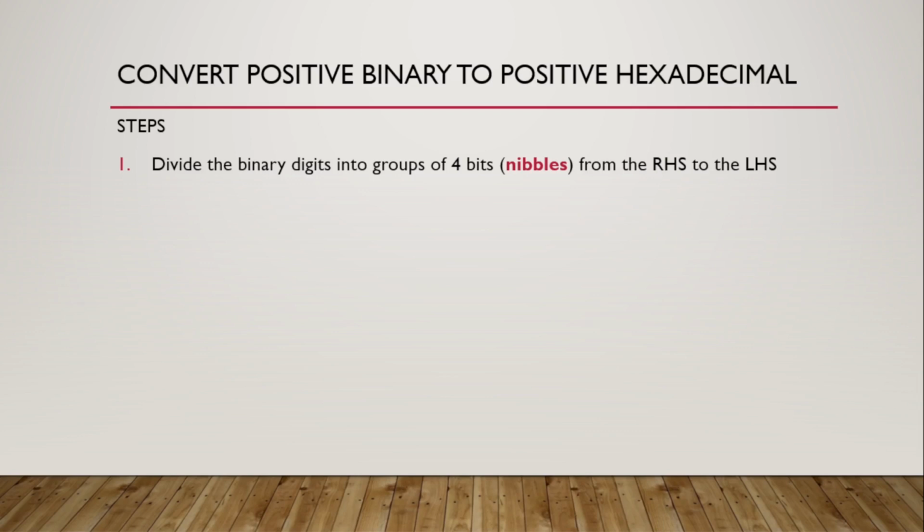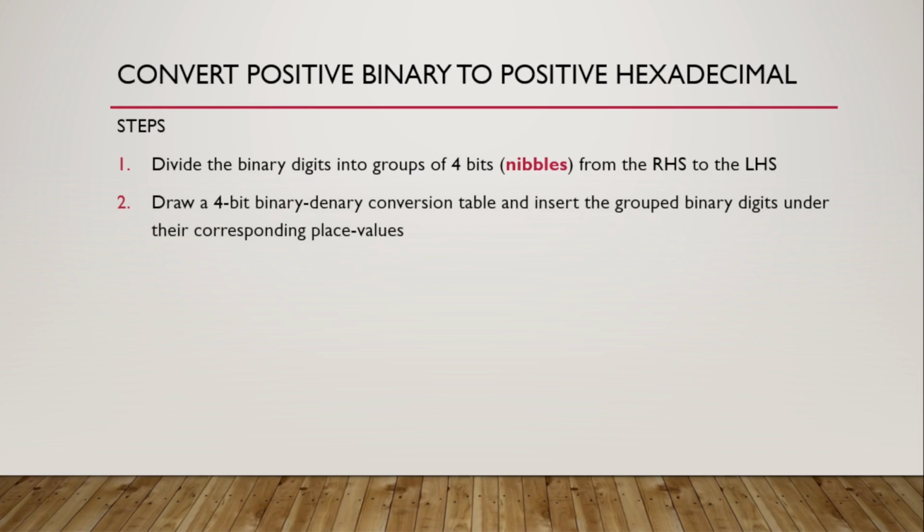But when we start from right, our most significant bit remains 7, except that we fill up the remaining space for the 8th bit with a 0. So the first step is to simply divide the digits into groups of 4 bits, which are neighbors from right to left.